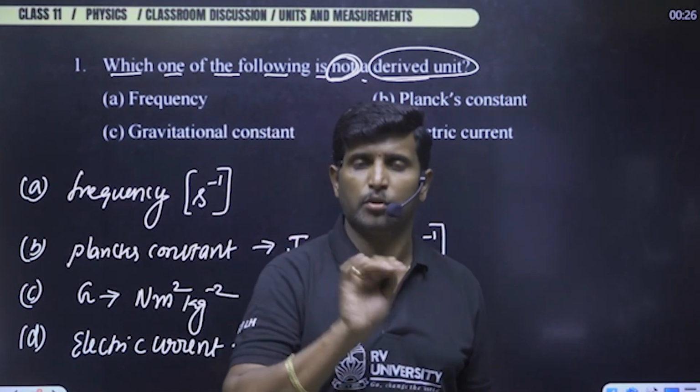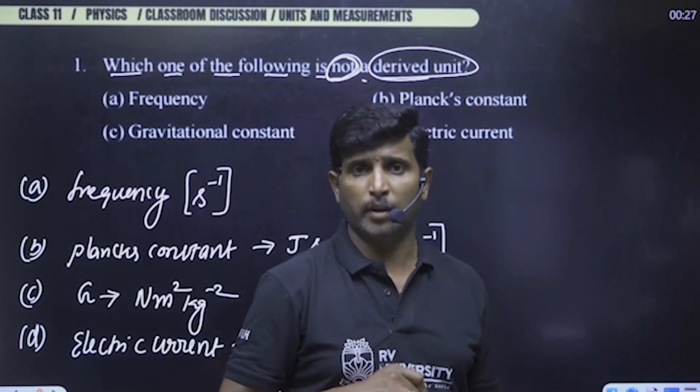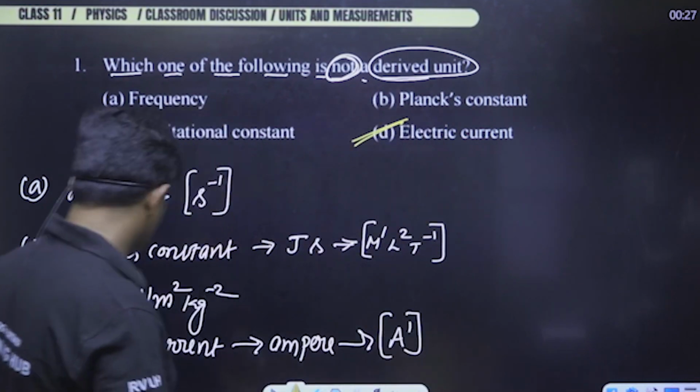If you have any doubt, please go through the explanation once again, and then you will come to know how we approached it and what analysis we made to answer the given question. Let us see the next question.